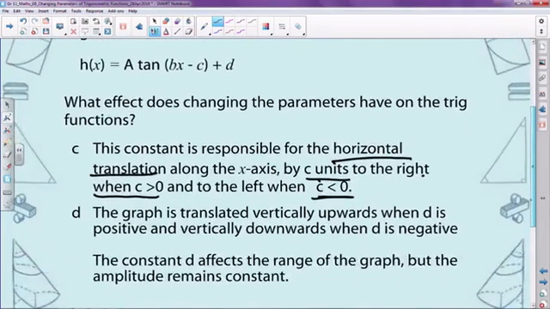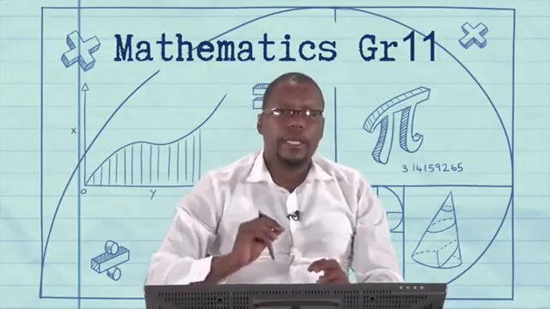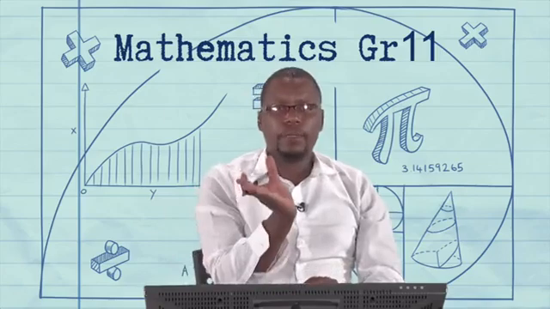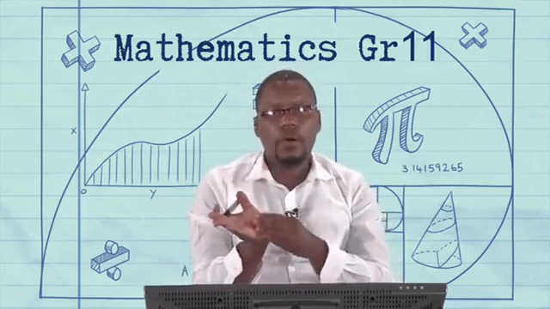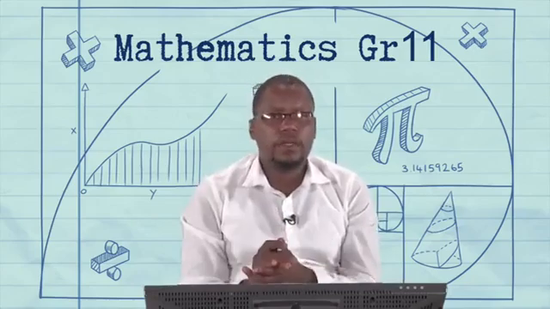Now, the graph is translated vertically upwards when d is positive and vertically downwards when d is negative. It's still the same thing that we did in grade 10, whereby you're adding a d, you move it up by how many units it's given there. If it's plus 3, move it up 3 units.